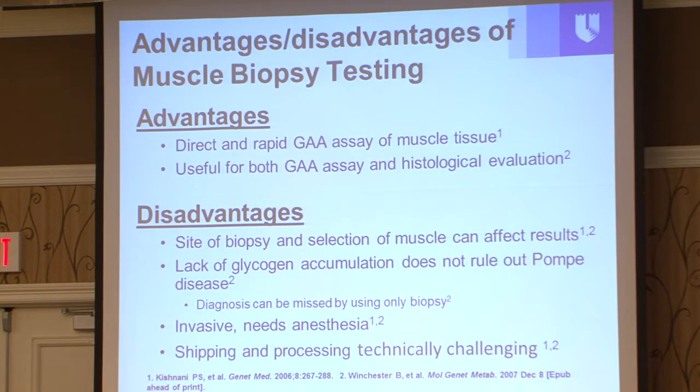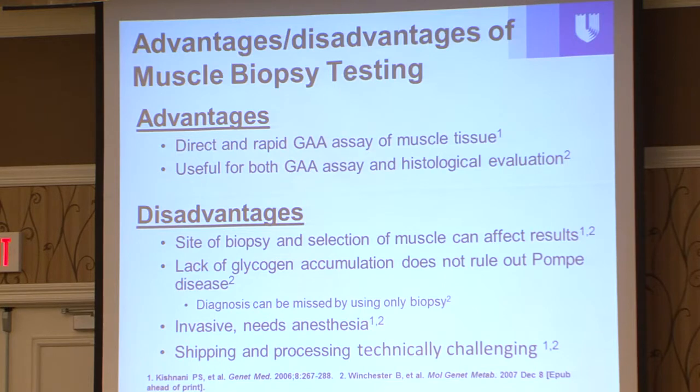Disadvantages are that the site of biopsy and the selection of the muscle can really affect your results. Lack of glycogen accumulation does not rule out Pompe disease. You can still have Pompe disease, but the biopsy was not done in the part of the muscle where there was glycogen accumulation, because there could be fiber to fiber and muscle to muscle variation.